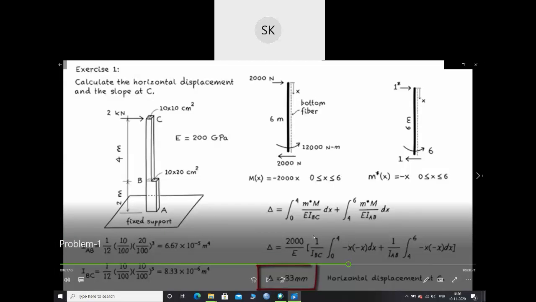So don't get confused with this 2000. This 2000 is from this moment equation, 2000x. So here it was also 2000. From 6 to 4, they have not found out the 6 to 4.